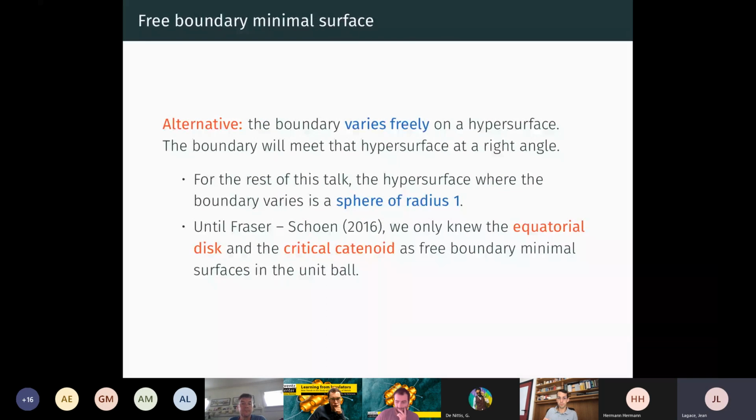In fact, this is not a constraint here, in the sense that it's a theorem that if you minimize area locally and you don't meet the boundary at a right angle, you could change the surface a bit to have a lower area.